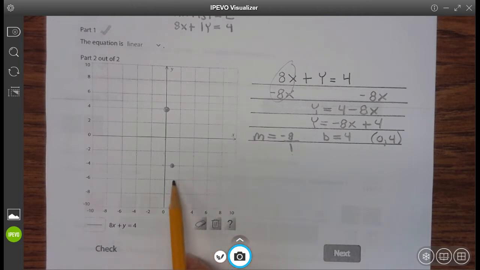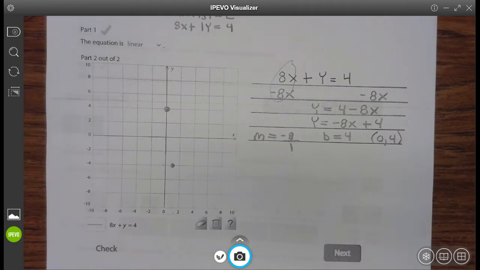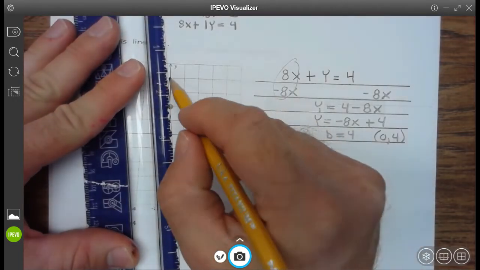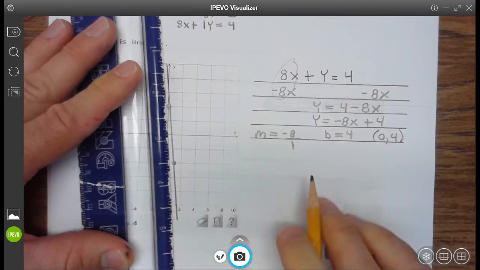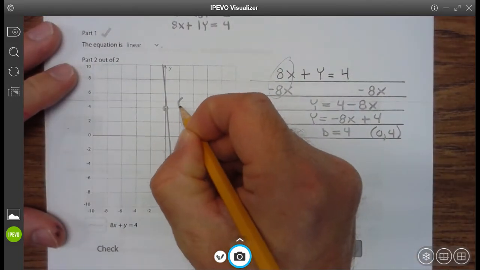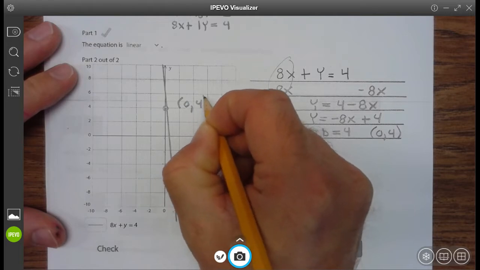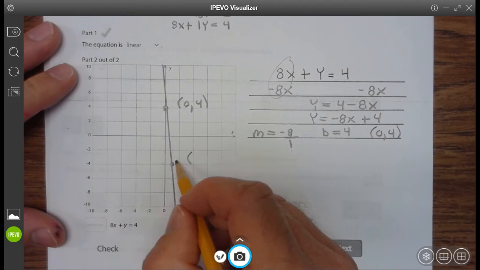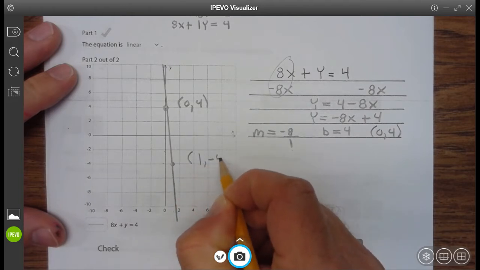So down 8, so 2, 4, 6, that's enough room there, so no. Doesn't look like we have enough space to go down another 8 to the right 1, so we're just going to connect our points. And this point right here is 0, 4, and it looks like this point is 1, negative 4.